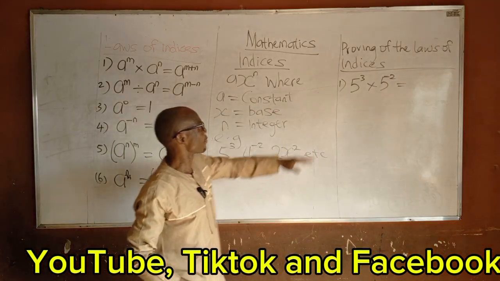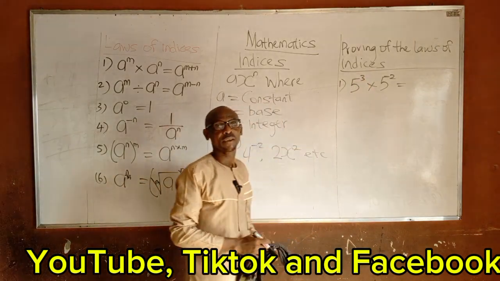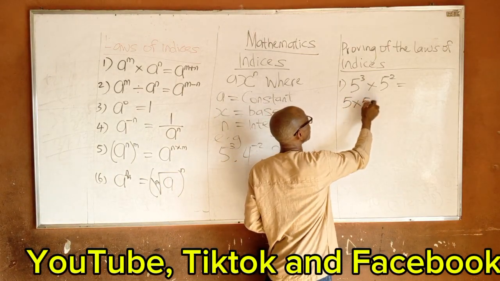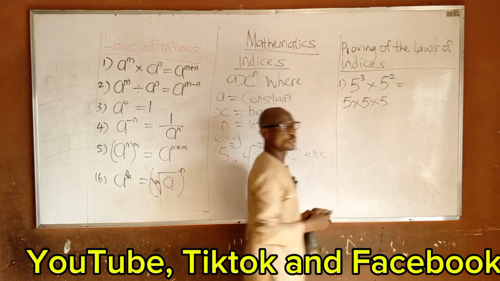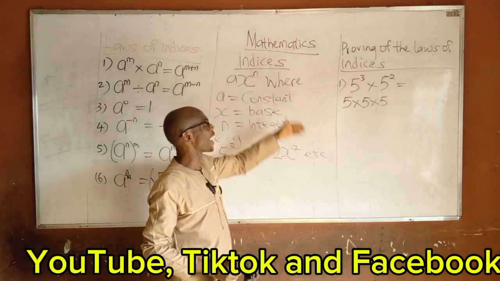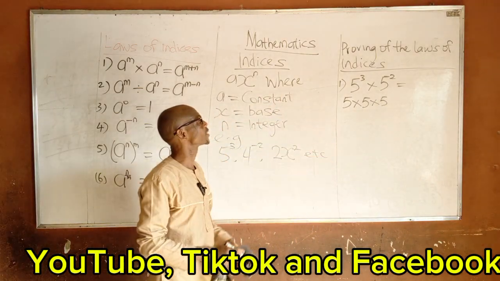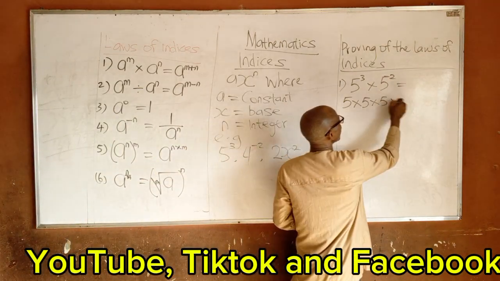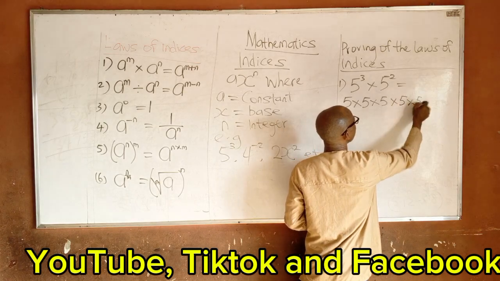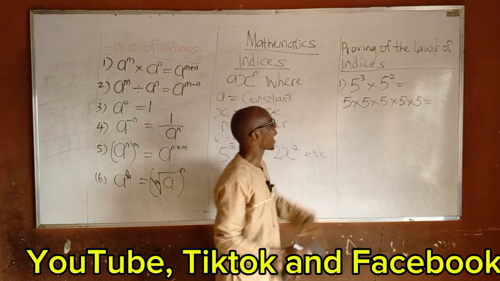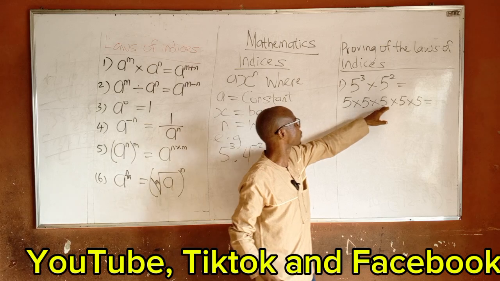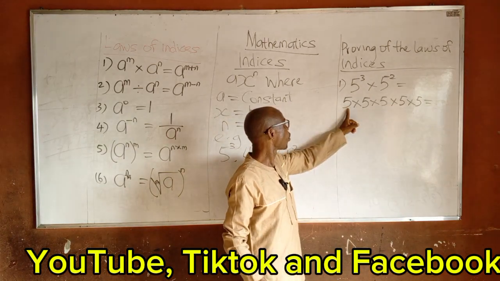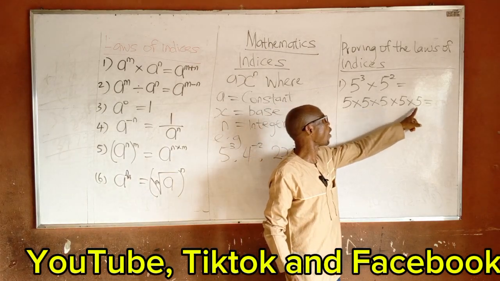Now what's the meaning of 5 raised to power 3? It simply means 5 times 5 times 5, multiplying 5 in 3 places. And 5 raised to power 2 gives us 5 times 5. So if we have 5 times 5 times 5 times 5 times 5, how many 5s do we have there? 1, 2, 3, 4, and 5.